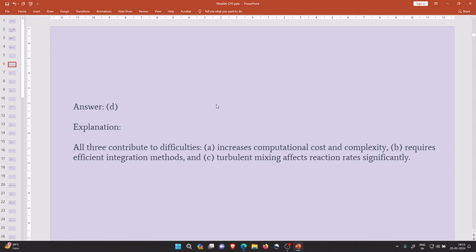When it combines with chemical reactions, turbulent mixing effects can increase the complexity exponentially. So the right answer is D, all of the above.